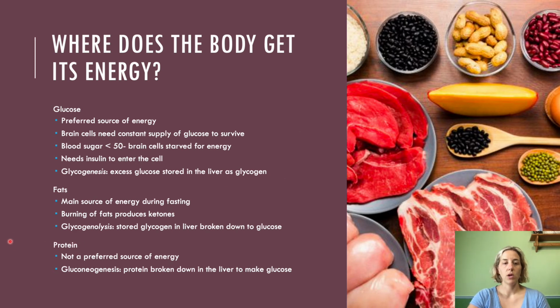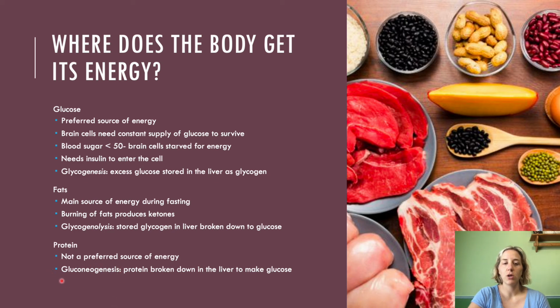And then finally, we also have protein. So protein is actually not a preferred source of energy because it's more complex and it takes longer to break down, which means it's longer lasting, but it's not going to give that initial energy surge when the body needs it. And this one is not a glyco, this is a gluco.